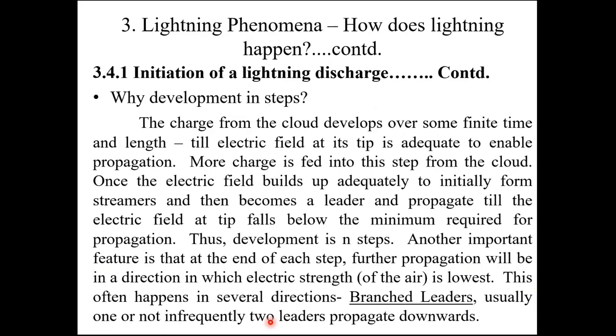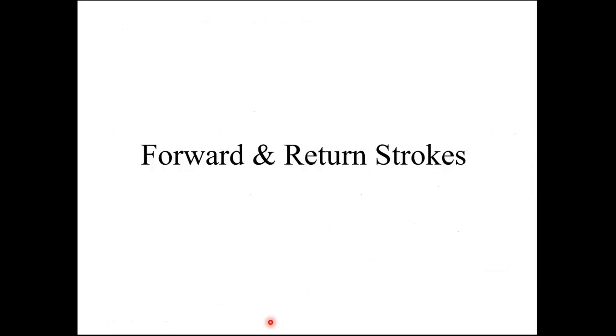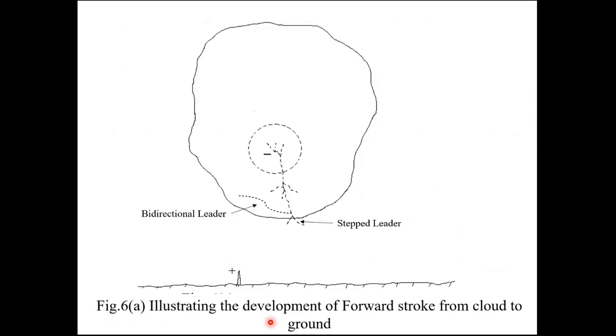Now, why does it develop as a one shot to the earth? No. The reason is the moment this leader develops over a short distance, the charge density at its tip falls below the level that's necessary for its development further.